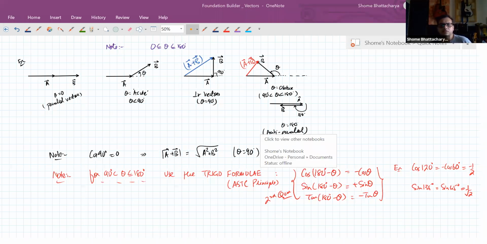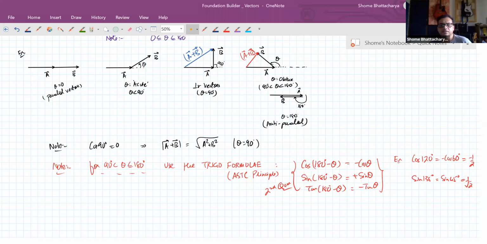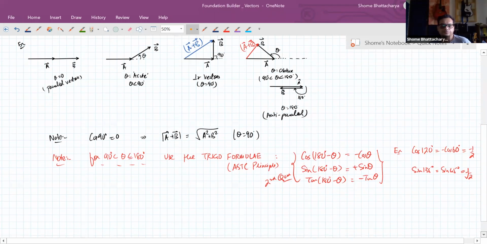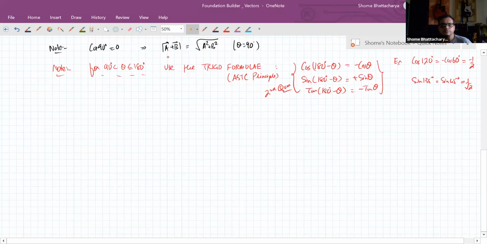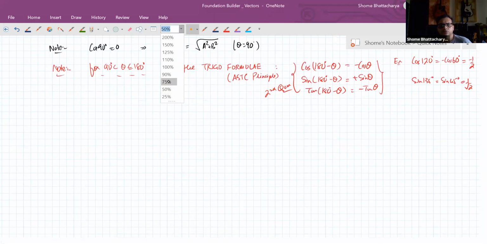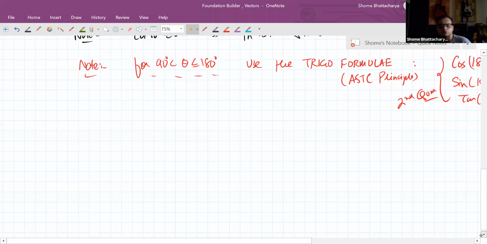Kirtan, you haven't seen it, but you will be learning it in trigonometry very soon. This is part of your current math syllabus in trigonometry also. It is called the ASTC rule: all, sine, cos, tan, second quadrant. Those of you who are in PCB, you just write down this formula and understand its application over here. That is the more important thing. And very soon we will understand the logic of the formula also from vectors.